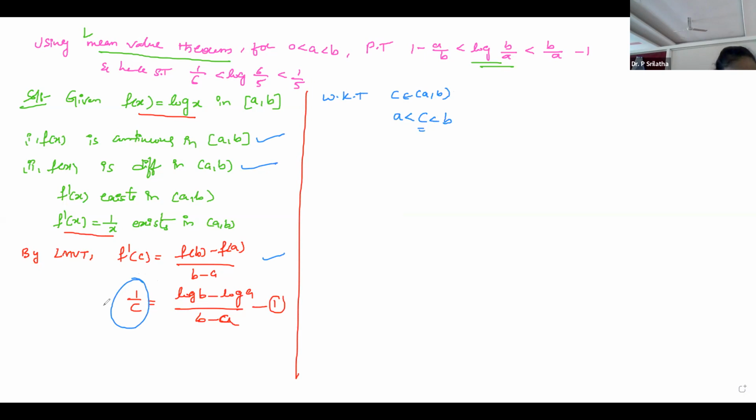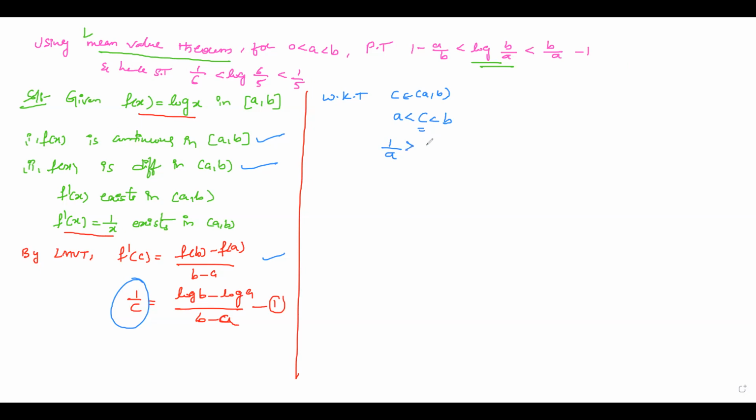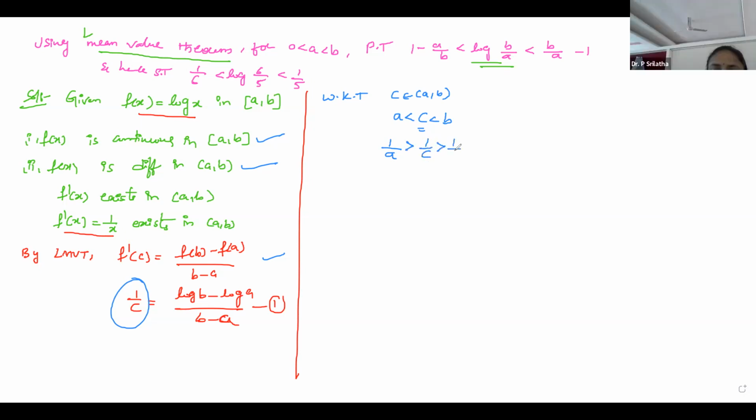How to convert? Reciprocal, and the sign will be changed: less than changes to greater than. So 1 by a is greater than 1 by c is greater than 1 by b.